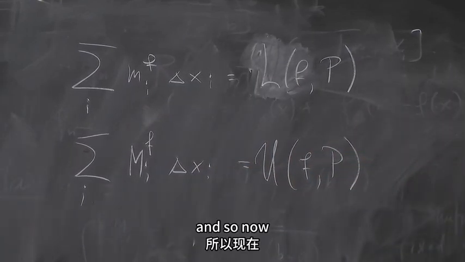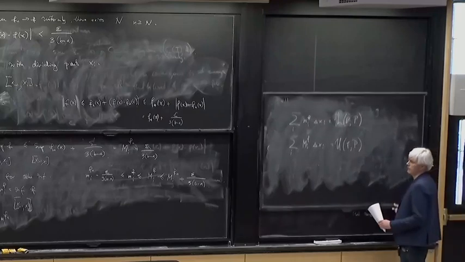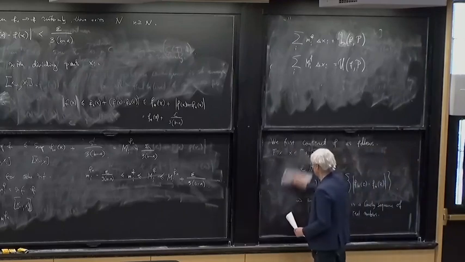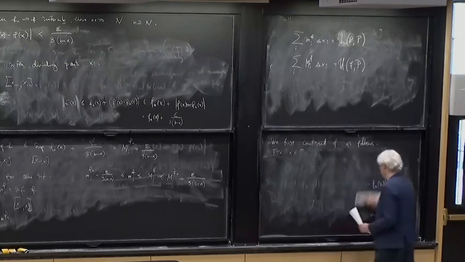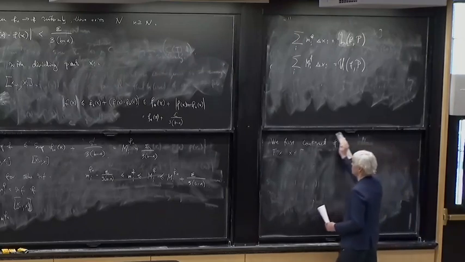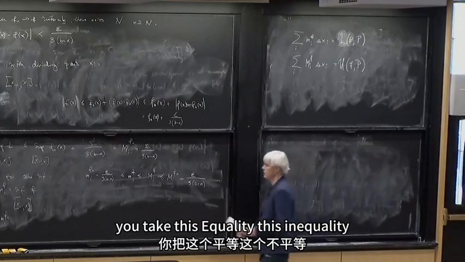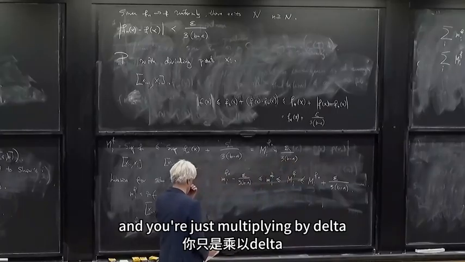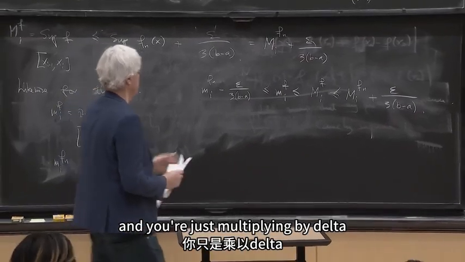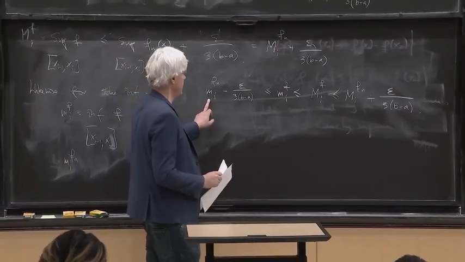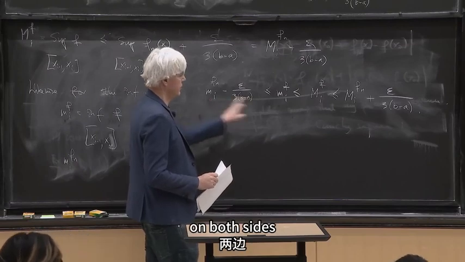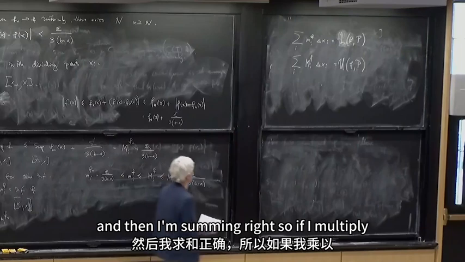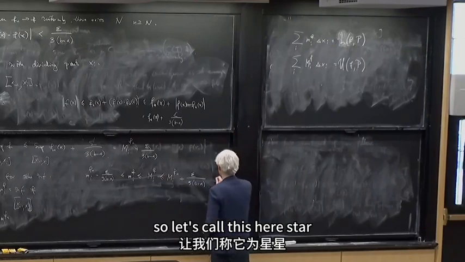And so now, you take this inequality, the string of inequalities, and you're just multiplying by delta x_i on both sides, and then I'm summing, right? So let's call this here star.